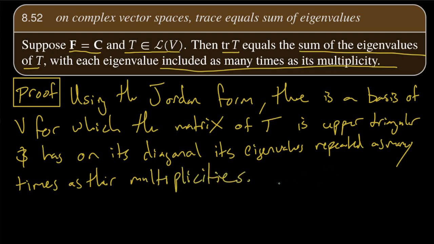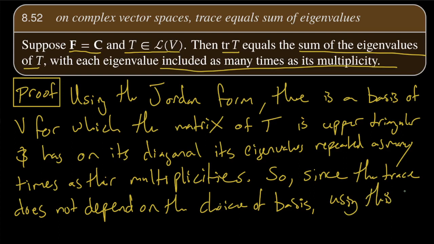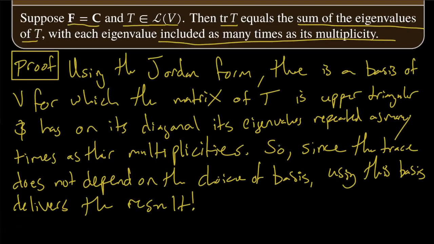Since the trace does not depend on the choice of basis, using this basis delivers the result. And we're done. So really, all it's all about is the Jordan form, which we got last time.